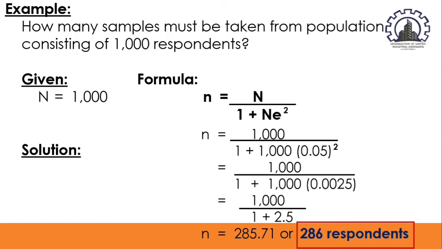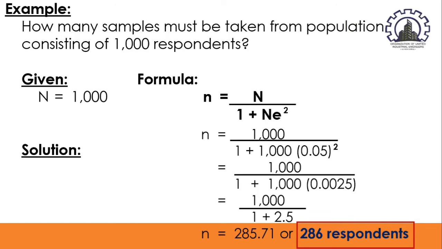Now, all you need to do is plug in the values to your formula. So in that case, your capital N, or your population, is 1,000 over 1 plus 1,000 times 0.05, which refers to your margin of error, raised to the power of 2.